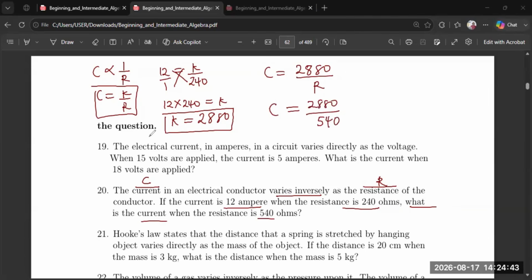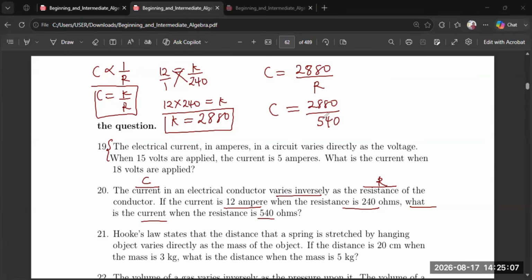Just so that we understand the workflow of this problem: first of all, write the equation that describes the relationship between the two quantities. Then find the constant of that relationship, which is the constant of variation. And the next step is to find the unknown using the constant of variation. That's what we are doing here.